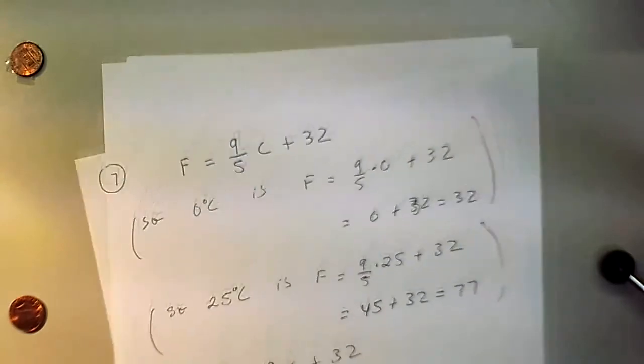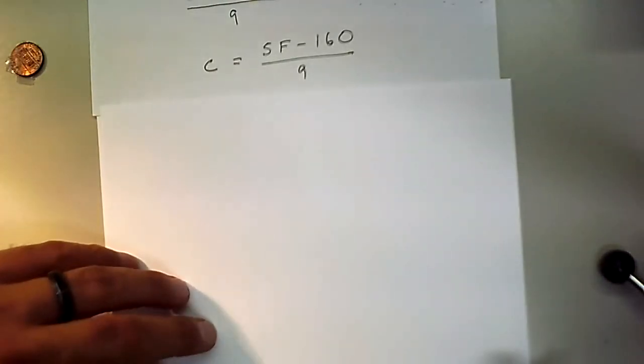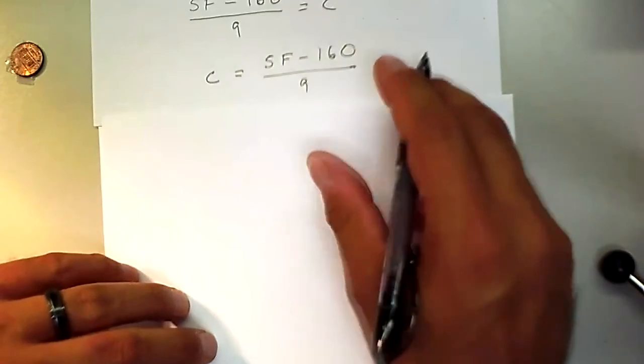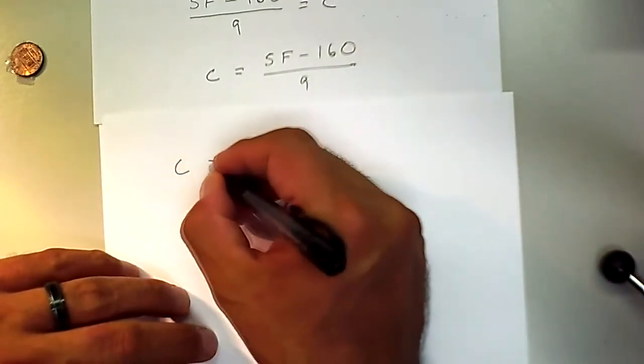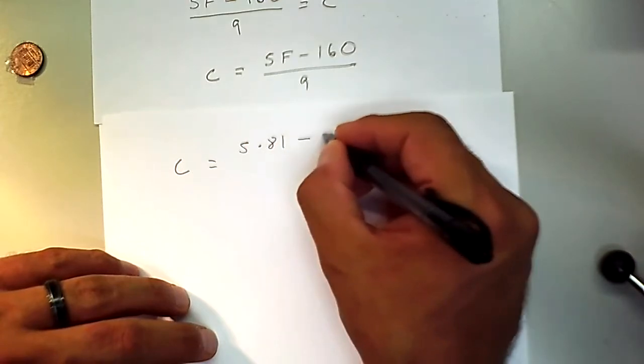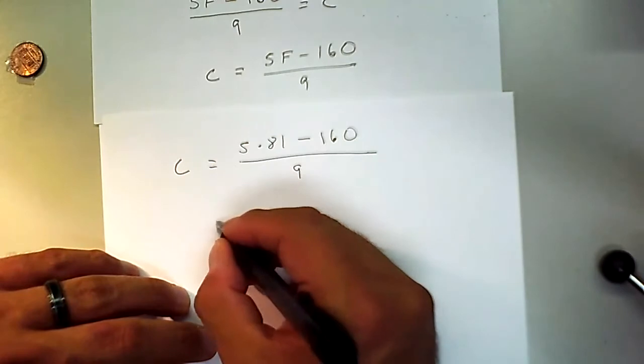All right, so let's say as an example, sub-example of this example, it is 81 degrees here where we are. And so C would be 5 times 81 minus 160. And after that, we have to divide by 9.